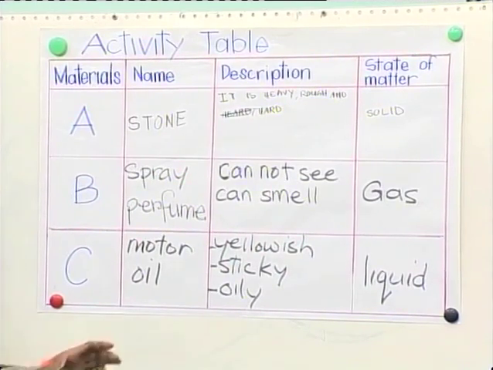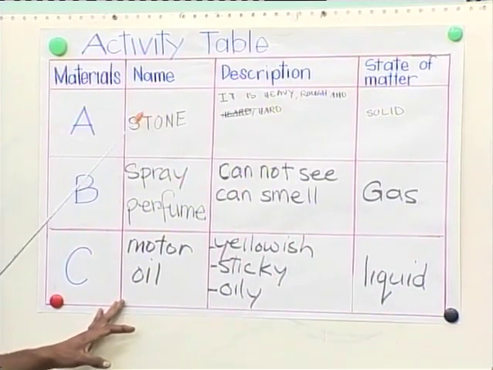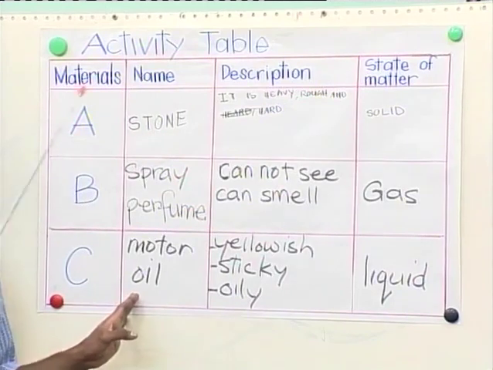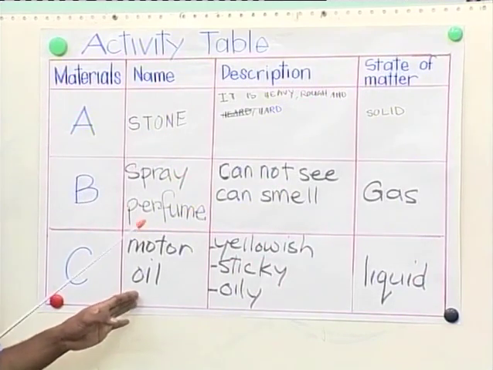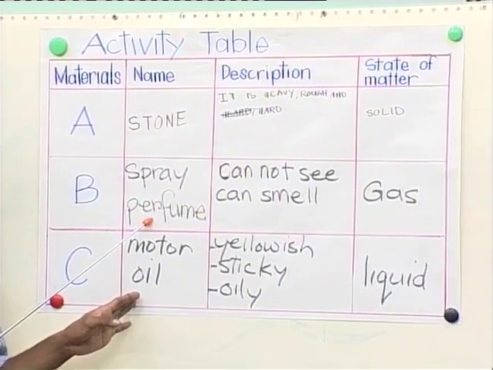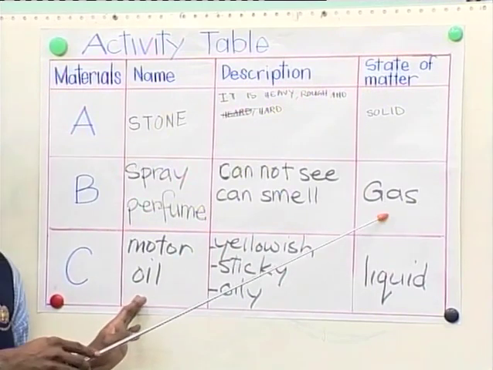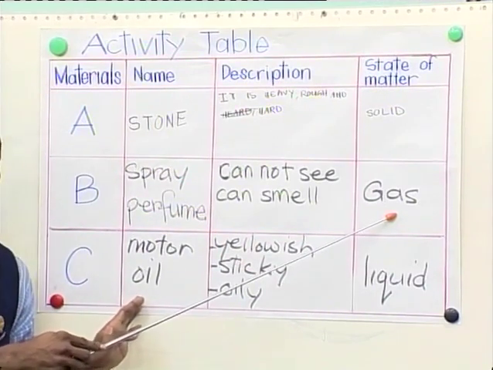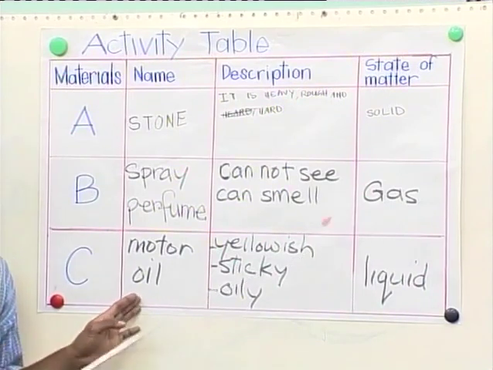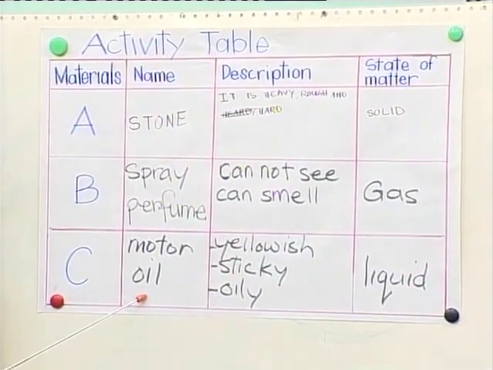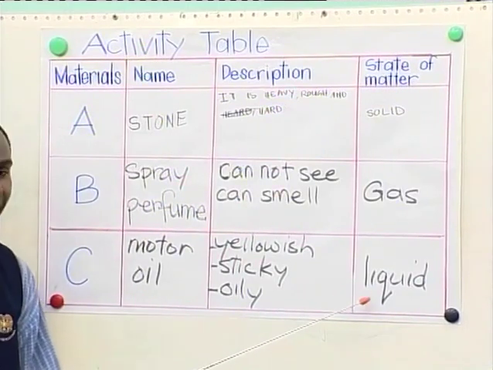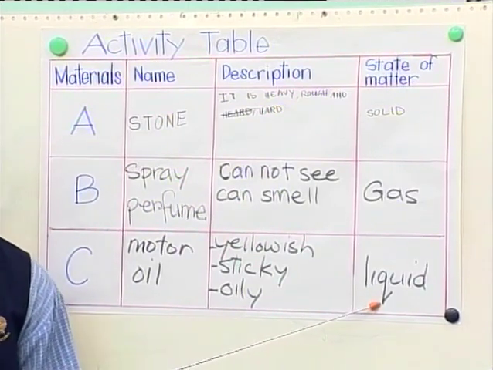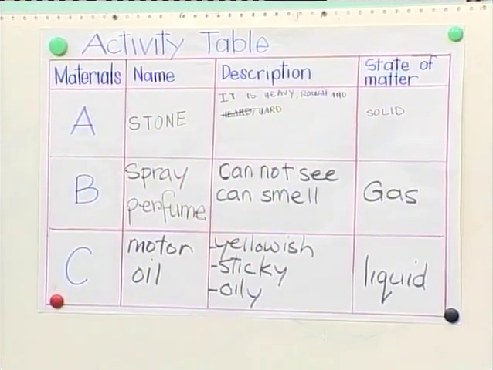So, why did we put stone as solid state, the perfume as gas state of matter, the motor oil as liquid state of matter?